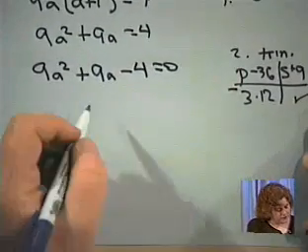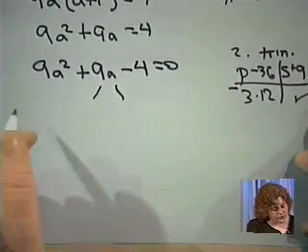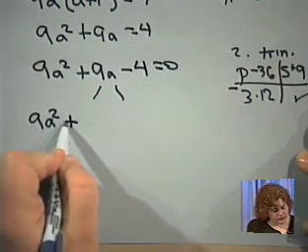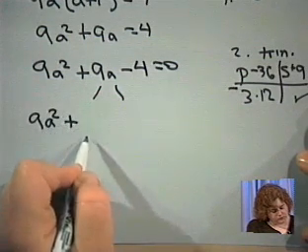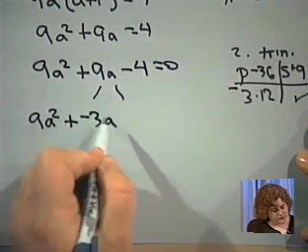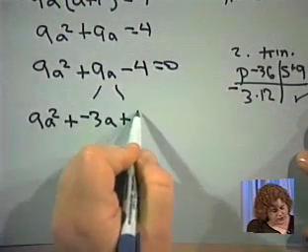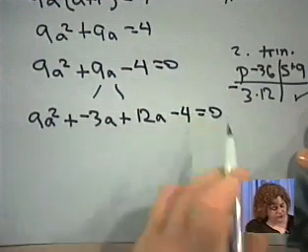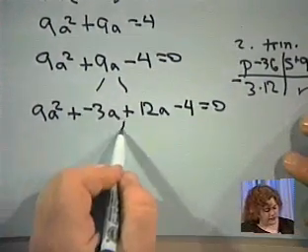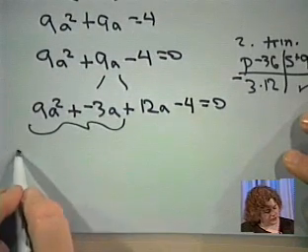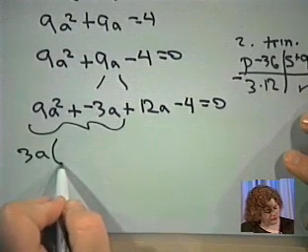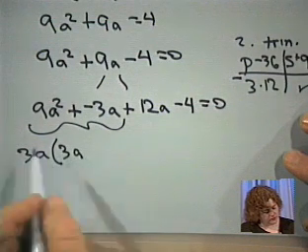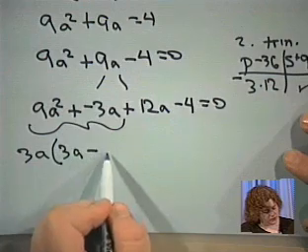So I'm going to rename the 9a as a negative 3a plus a 12a minus 4 equals 0. Factoring by grouping, let me take out a 3a, and I'll be left with 3a minus 1.